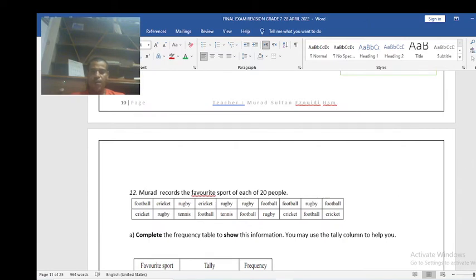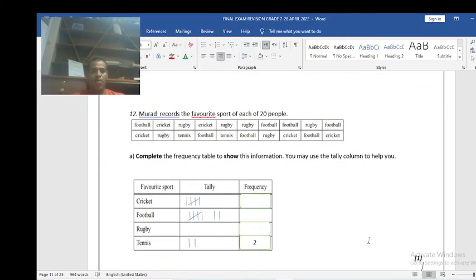So here football, cricket, rugby, football, rugby, football, and so on. Complete the frequency table to show the information. You may use the tally column to help you.